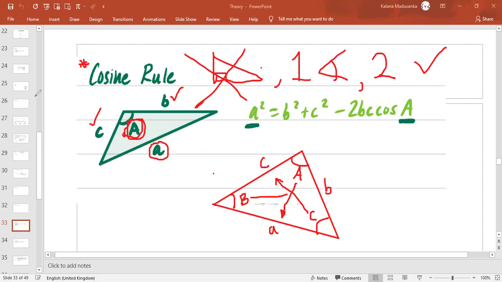Now let's see how this equation has been formulated. What is the part we need to find here? We need to find this simple A length.